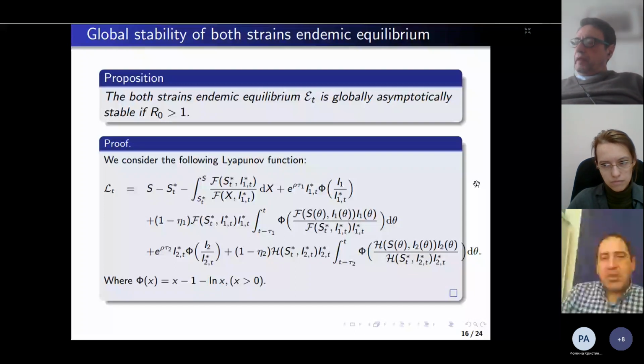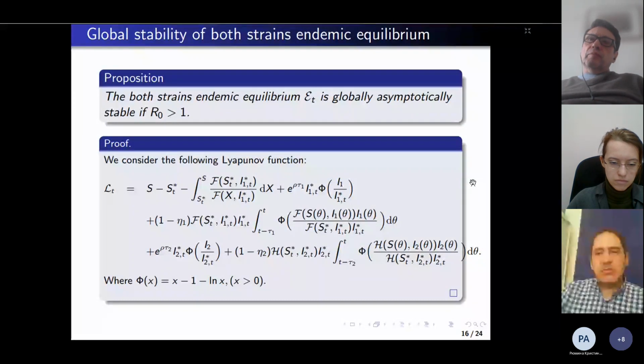Thank you very much. And I have also another question. You mentioned about stochastic models, that in stochastic models, if the basic reproduction number is slightly larger than 1, then the disease-free equilibrium can be stable. So is it a numerical result, or are there some analytical formulas?